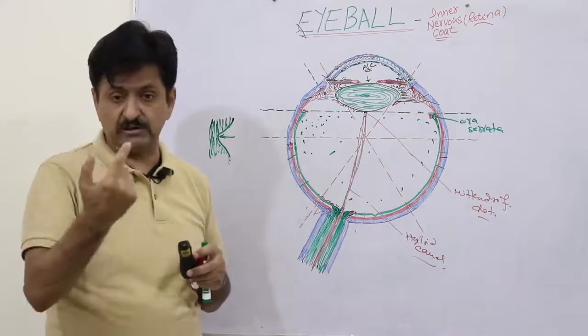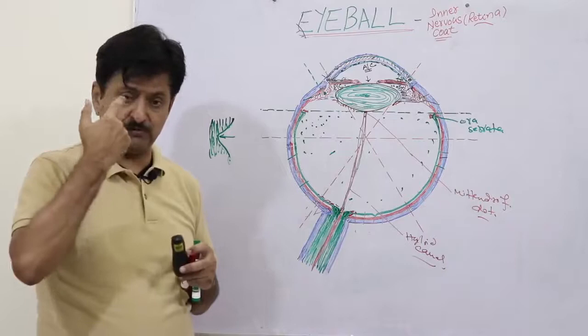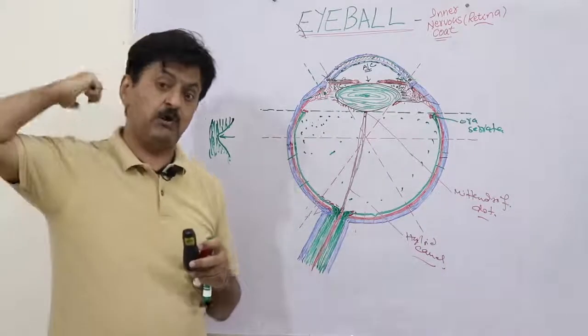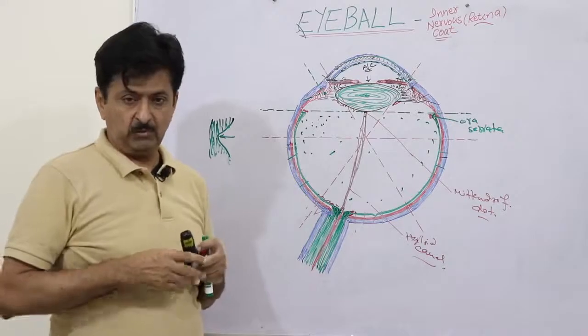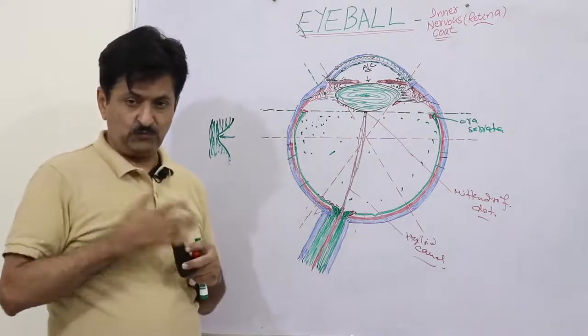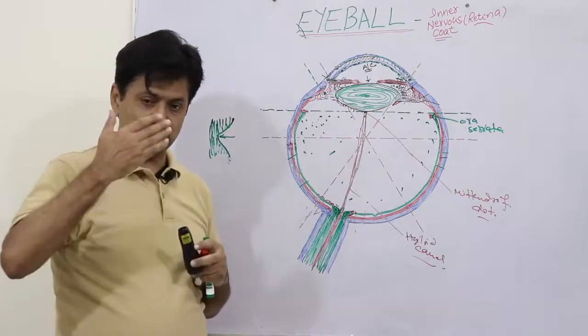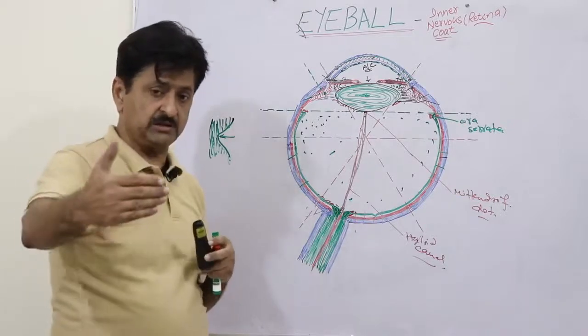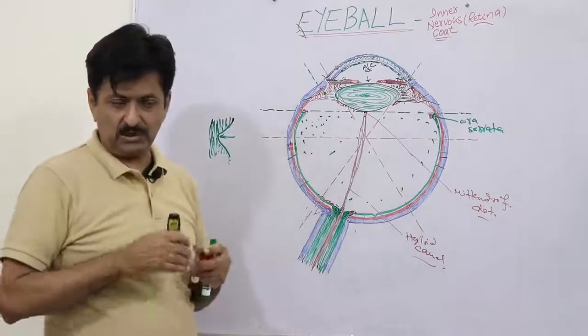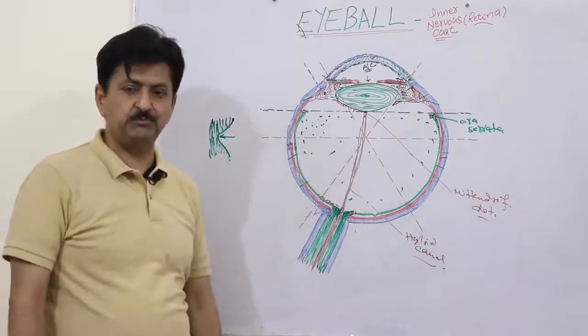So, the rays will focus, the object will not have its image on the retina, it will be beyond the retina. Beyond the retina means that to focus this image, the object has to be held a little away from your eyeball. So, the vitreous is important from this point of view.